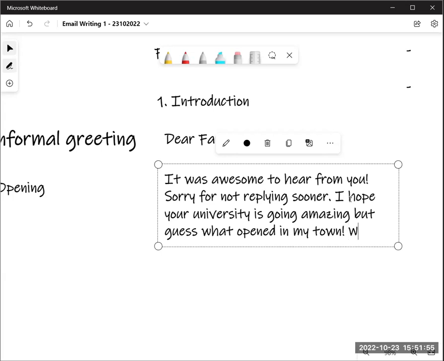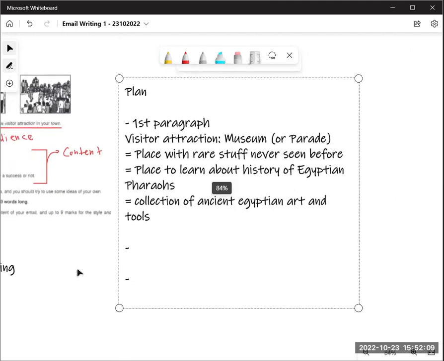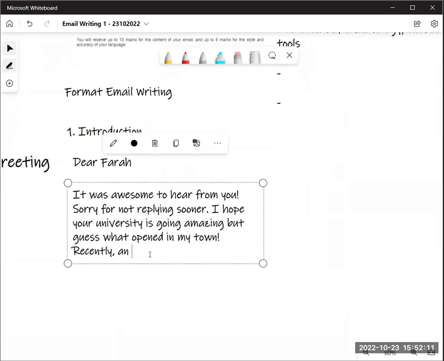We have just inaugurated. And instead of saying that, we'll use a linking word. Recently, what was the first topic? Egyptian museum. Okay, so we'll say, an Egyptian museum.